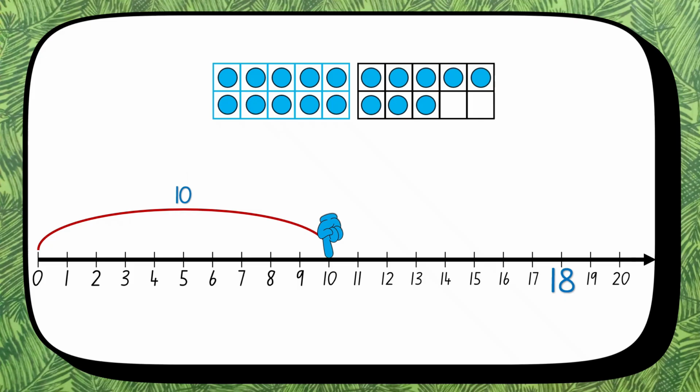And how many smaller steps will get us to 18? 1, 2, 3, 4, 5, 6, 7, 8. Count with me as we start at 10 and count on. What comes after 10? 11, 12, 13, 14, 15, 16, 17, 18.